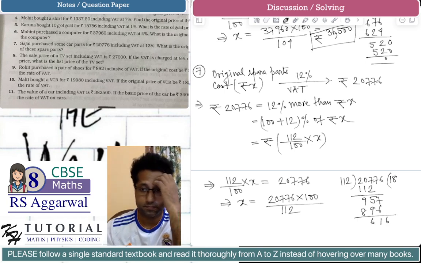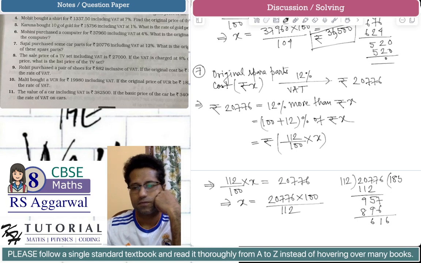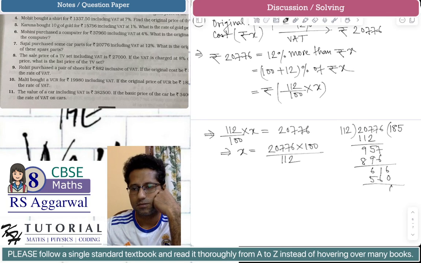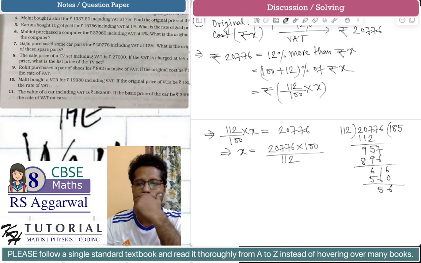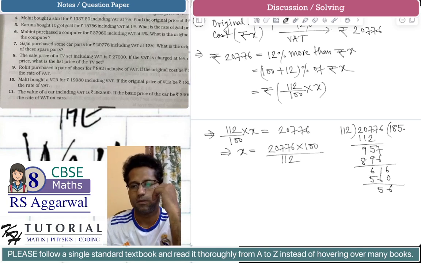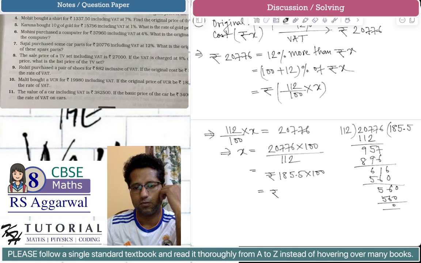So this is equal to 185.5 multiplied by 100, which is equal to rupees 18,550.